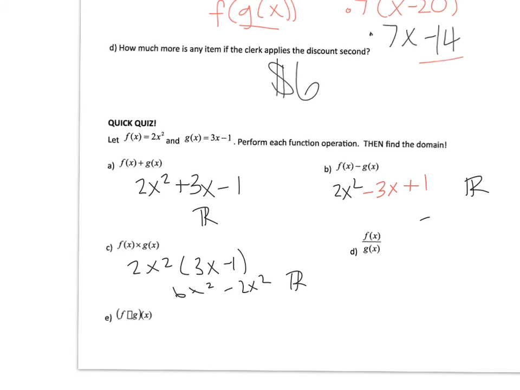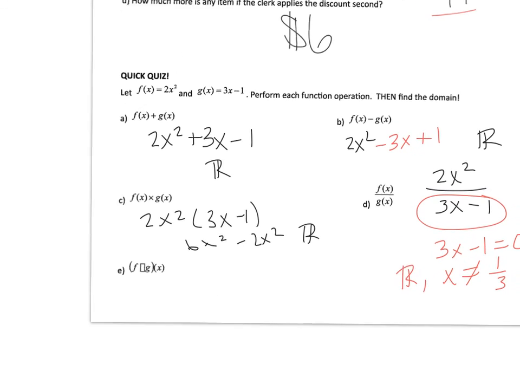And then f over g: 2x squared over 3x minus 1. Okay, now you have a denominator. So you set your denominator equal to 0. So x can be all real numbers except for 1/3.